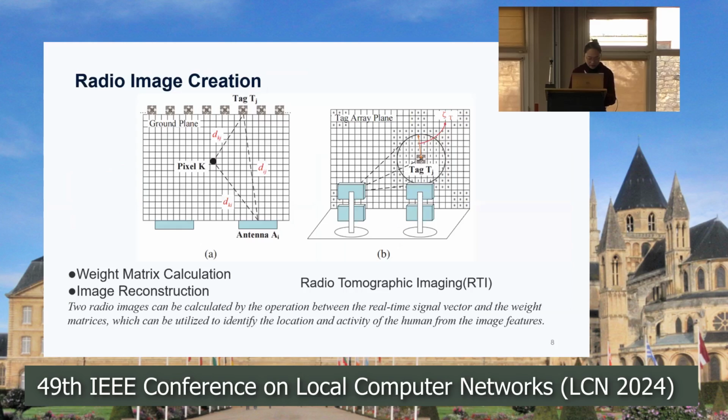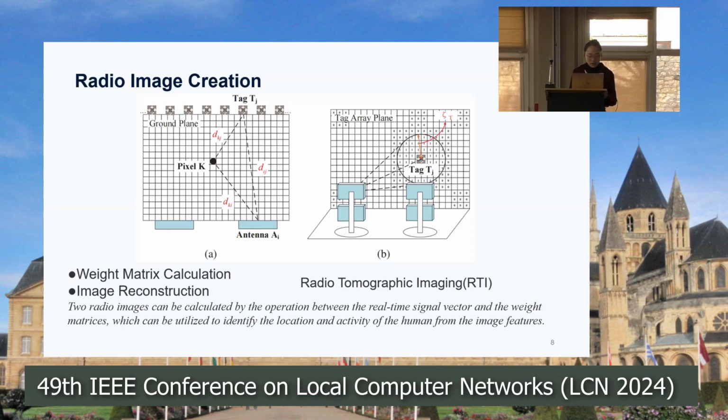Since the Bragg effect of a human on the link is so evident and can be used for human state perception, it inspired us to find a new solution for activity localization and recognition based on the RTI framework. There are two main components in RTI: weight matrix calculation and image reconstruction.